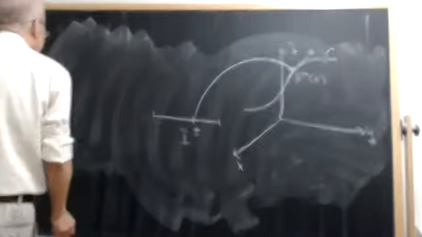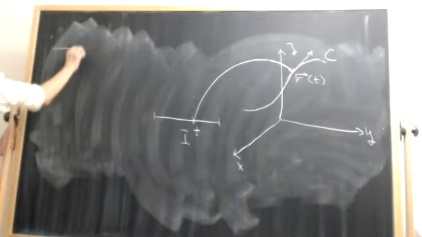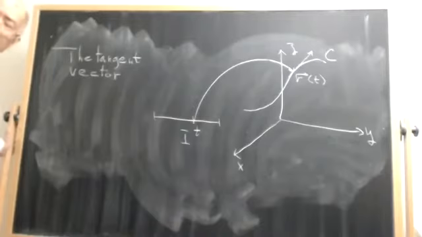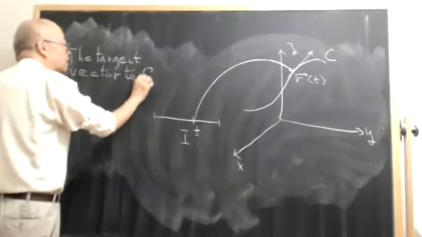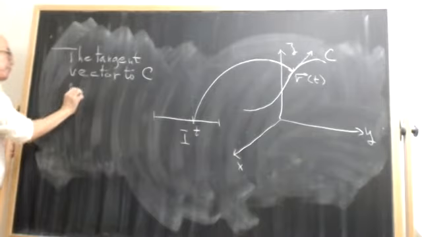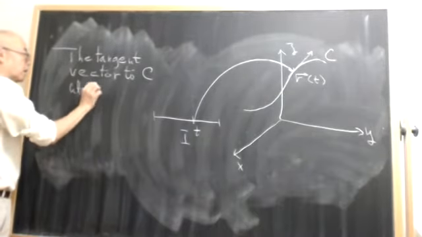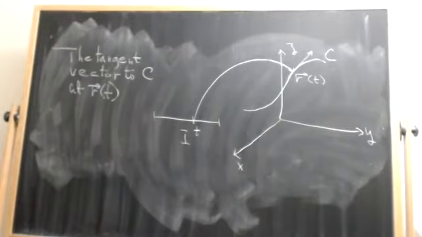Well, the tangent vector to the curve C, which is the graph of R of t, at the point R of t, is given by the following.